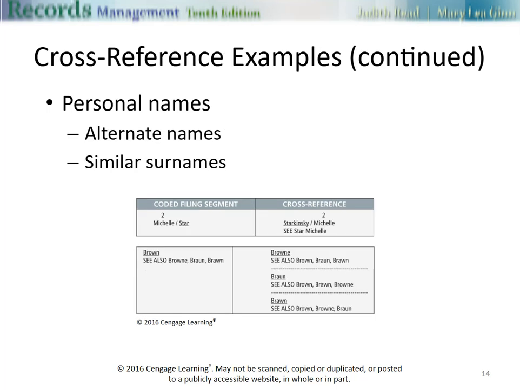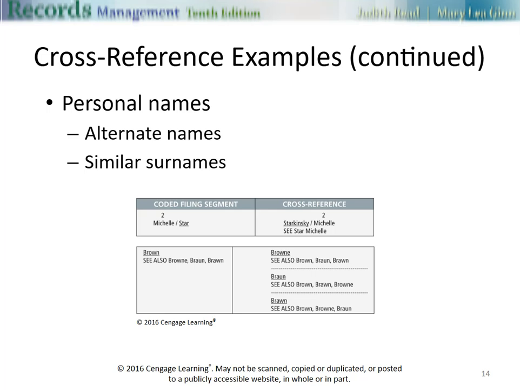Another reason why we might use cross-references is when people have alternative names. So if Michelle Starr is also known as Michelle Starkinski, we would have to create a cross-reference for that alternate name that she might go by.